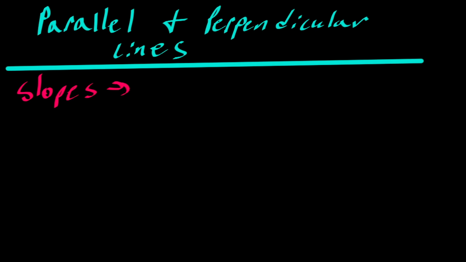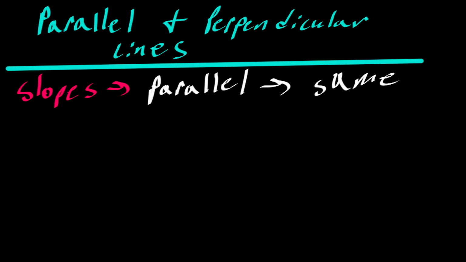The slopes of parallel lines are exactly the same. So you know lines are parallel if they have the same slope. If the slopes are the same, the lines are parallel.